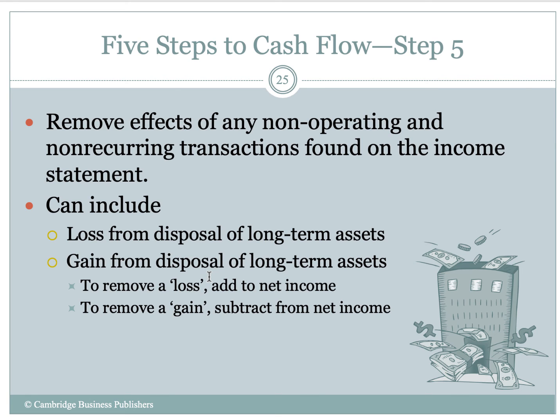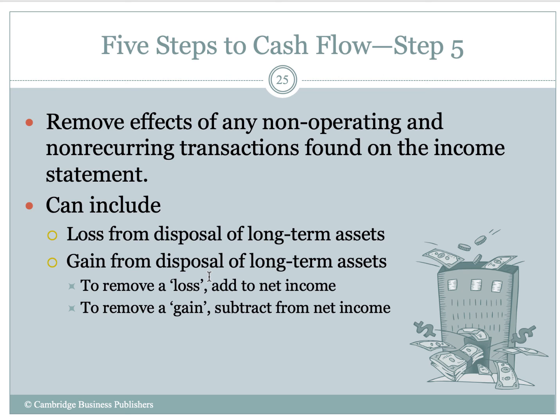Another thing that we want to do, and this is actually the last step, we need to remove any effects of any non-operating as well as non-recurring transactions that hit our income statement. We may have gains or losses on the disposal of equipment or any long-term assets. We need to remove that from our net income.